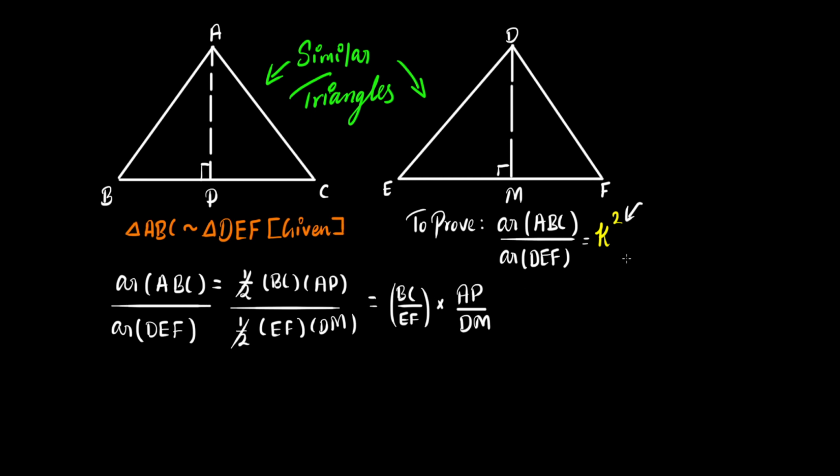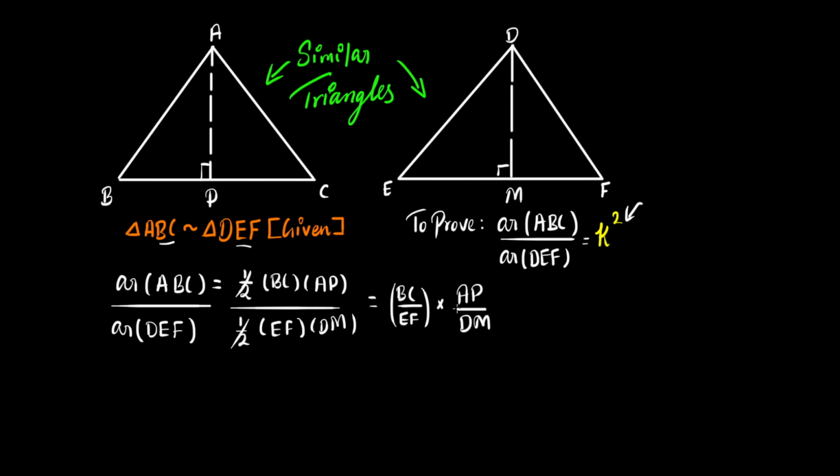That's the ratio, but we need to prove that it is the scaling factor squared. We have a scaling factor in this equation itself: BC by EF. Because the triangles are similar, BC and EF are corresponding sides, so this divided by this is the scaling factor of the triangles. Now we need to show that AP by DM is also the scaling factor.